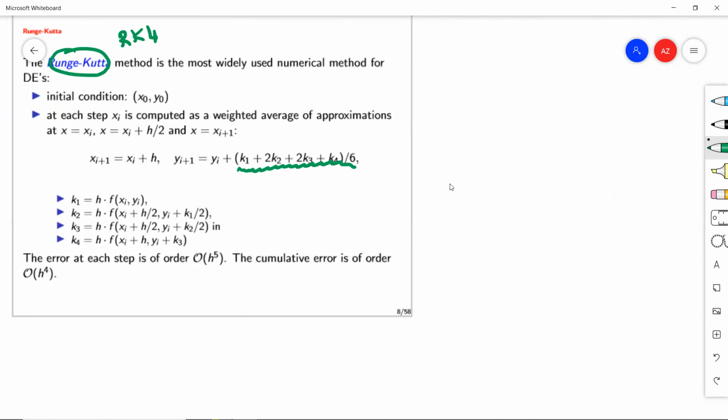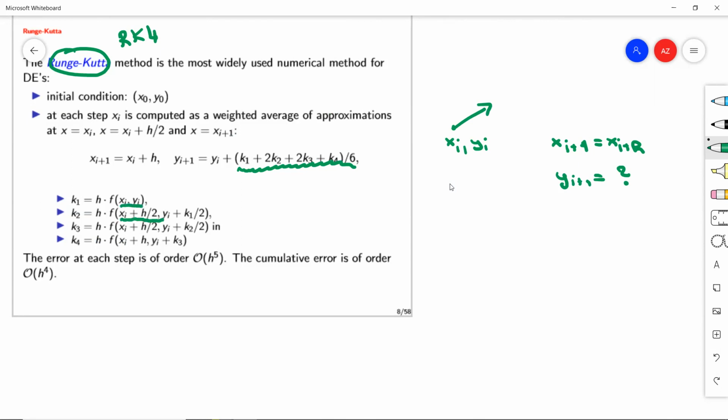So we are in point xi, yi, and now we move to xi plus 1, which is xi plus h, and we would like to compute yi plus 1. This is what we want to compute, and we take the average slope in the point xi, yi. So this is one slope, and this is the first point.